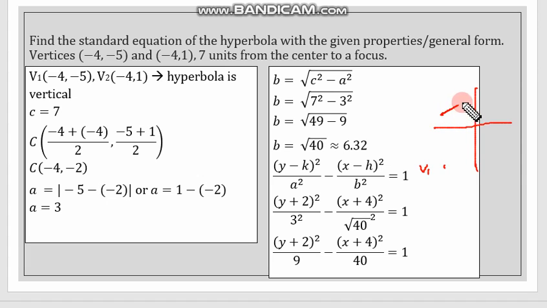So we know that the opening is upward or downward.